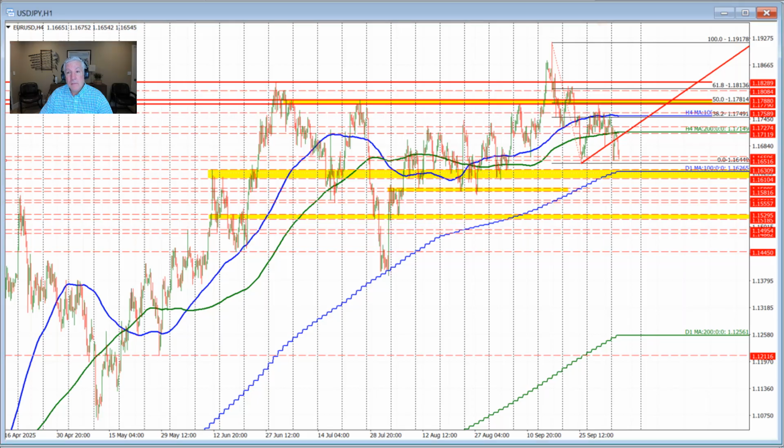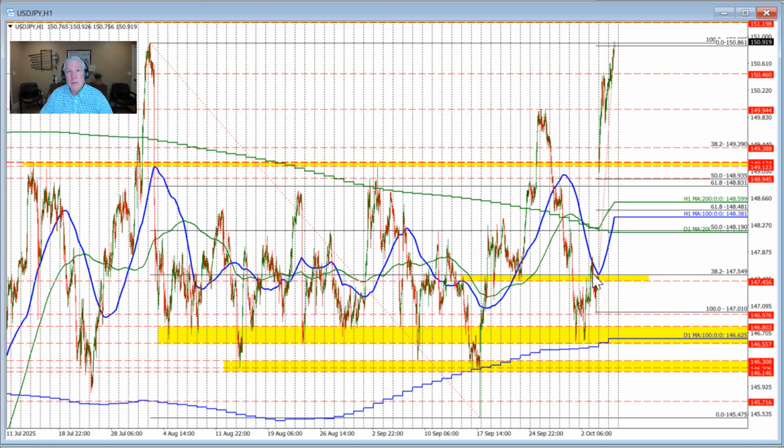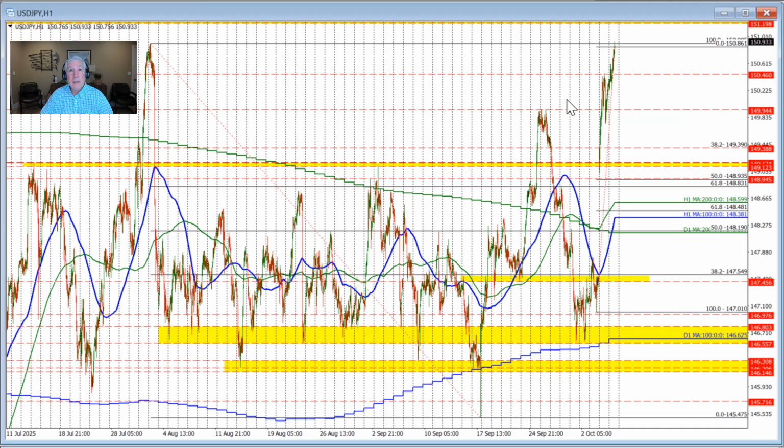Let's take a look at the dollar versus yen. I mentioned that we moved sharply to the upside yesterday. That was off of the election results and the expectations of a more dovish prime minister, which could lead to a more dovish Bank of Japan. We saw the high price came up short of the high price that we saw back here on August 1st.